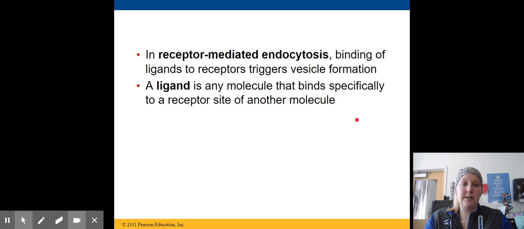Receptor-mediated endocytosis is the binding of a ligand to a receptor that triggers the vesicle formation. A ligand is a molecule that binds to a specific receptor site and causes a change in shape of that site or that receptor protein.